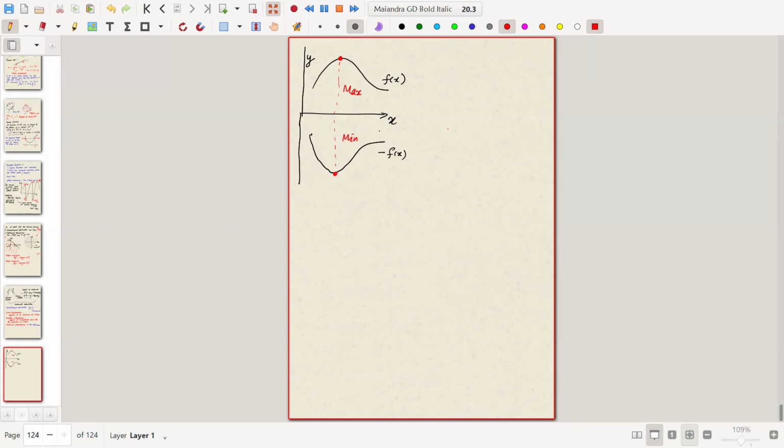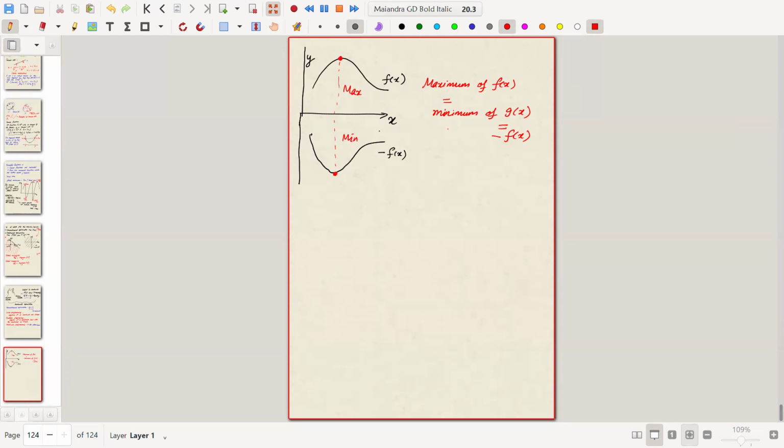So what this geometric interpretation tells us is that maximizing f(x) is the same as minimizing some g(x), where g(x) is equal to minus f(x). Sometimes it may be easier for you to do a negation and take the minimum in order to find the maximum of that function.